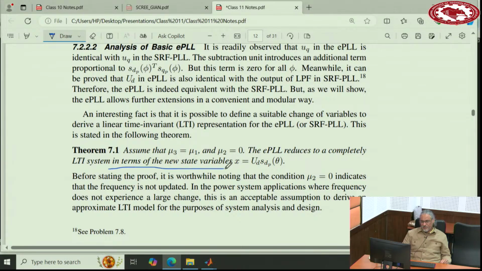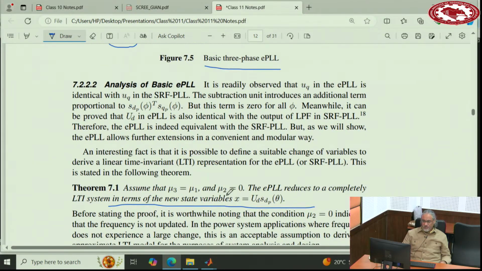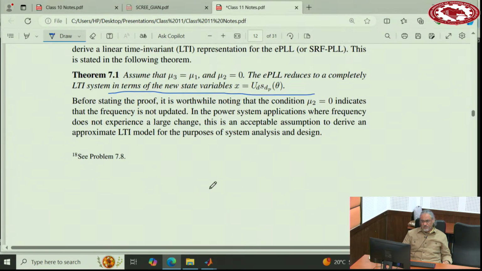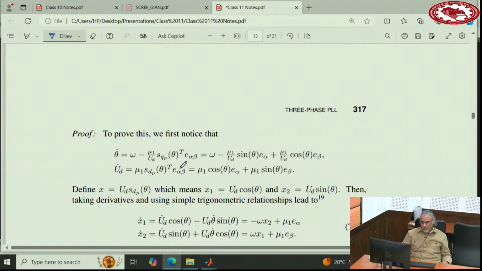That's basically what this theorem says. So in other words, this arrangement under these conditions reduces the PLL to a completely linear time invariant system. So you can say basically it linearizes the operation of the phase lock loop. And this is the proof.